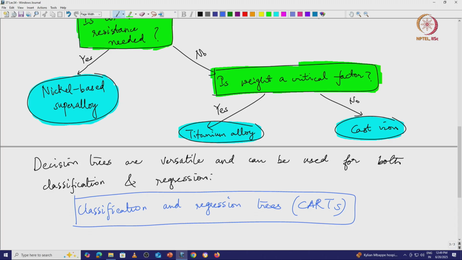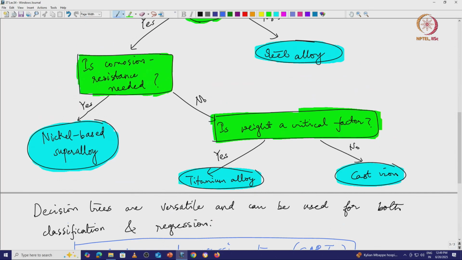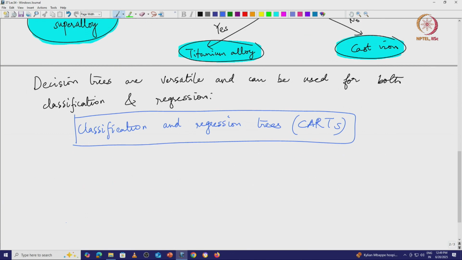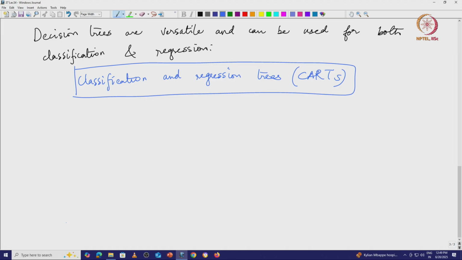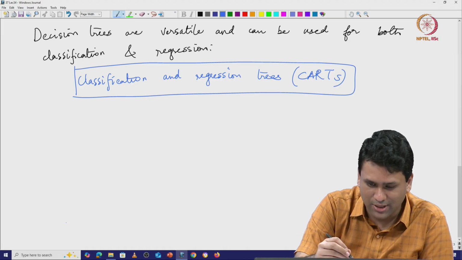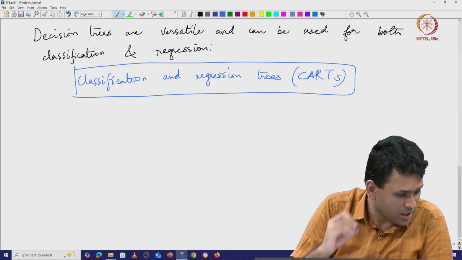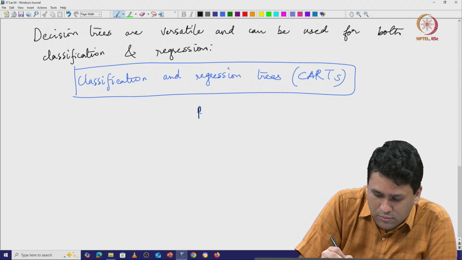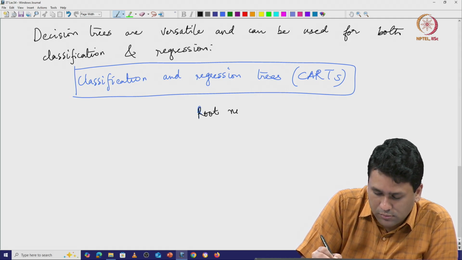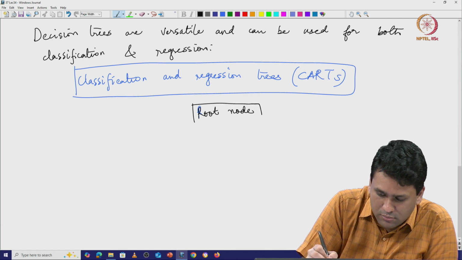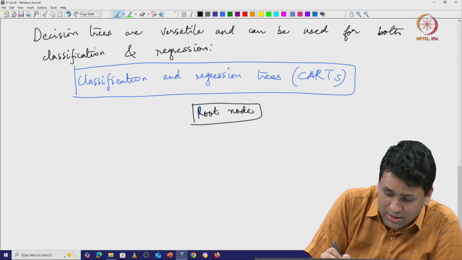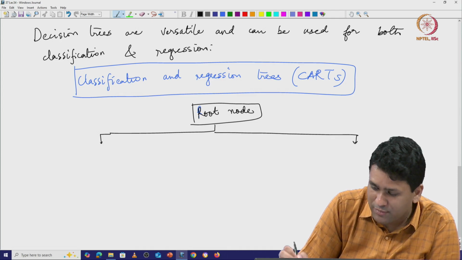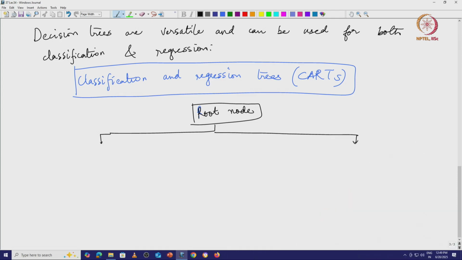So this is the exemplary schematic. We discussed an example, but you can also write down or draw the general structure of a decision tree. That is what I will do now. You start at the root node, and then you work through a set of decision nodes, and the decision can be made on the basis of any feature.